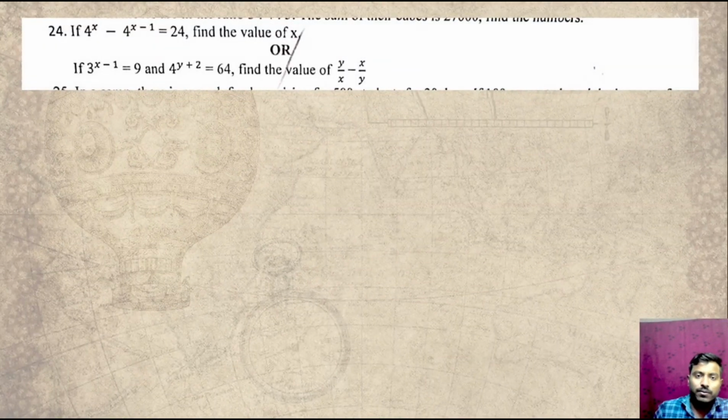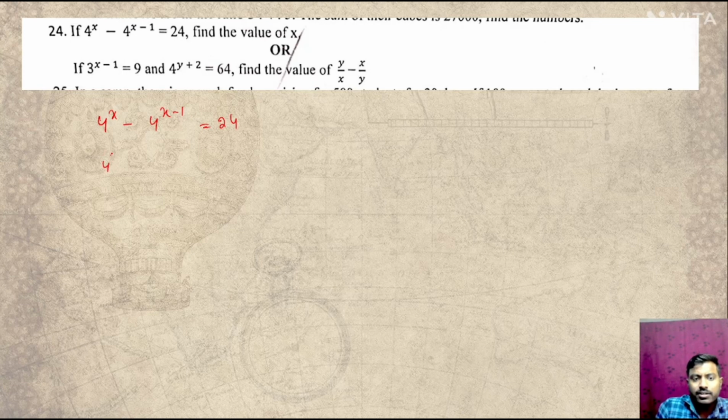Question number 24. 4 to the power x minus 4 to the power x minus 1 is equal to 24. Find the value of x. This question is directly from the top 5 selected questions. First solve 4 to the power x minus 4 to the power x minus 1 equal to 24.